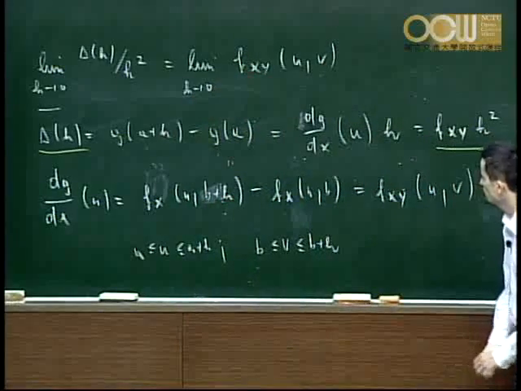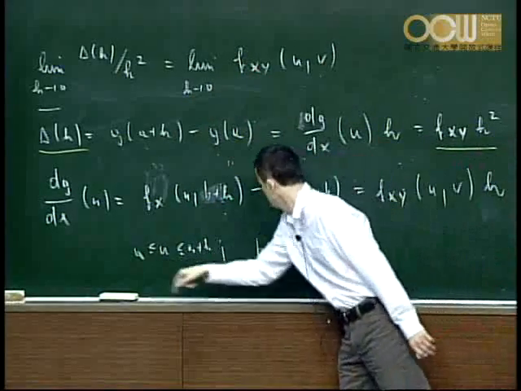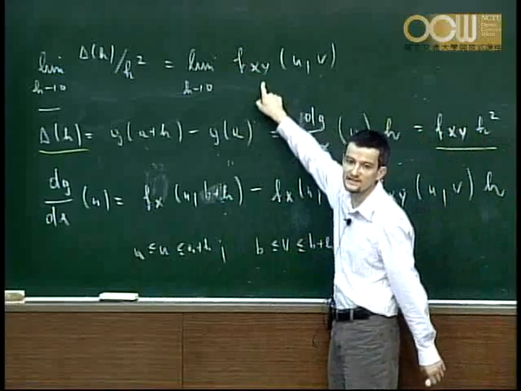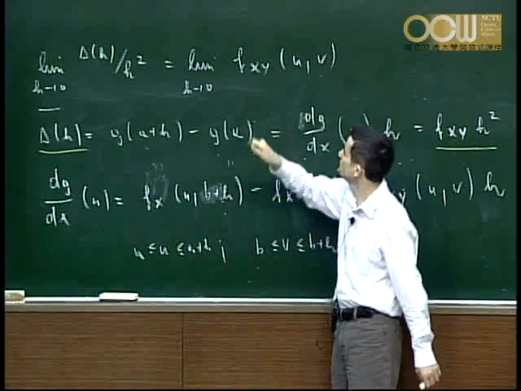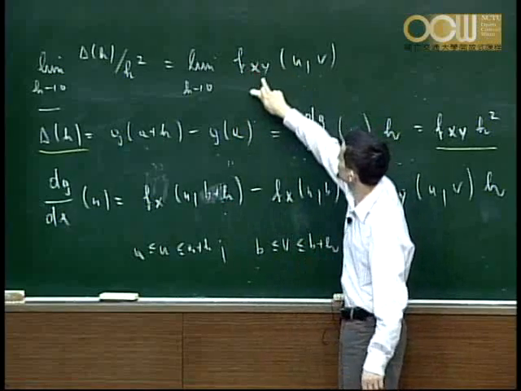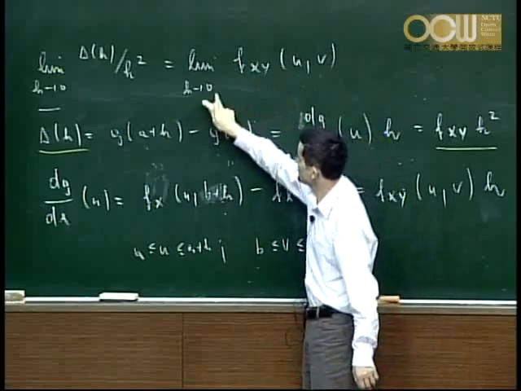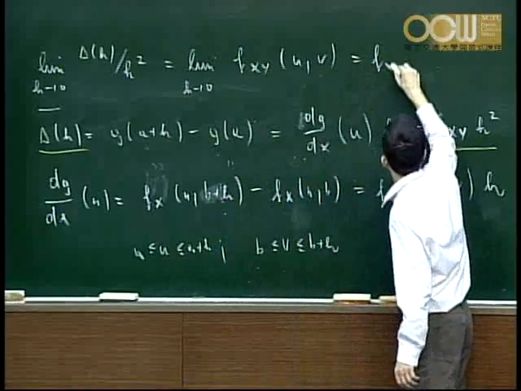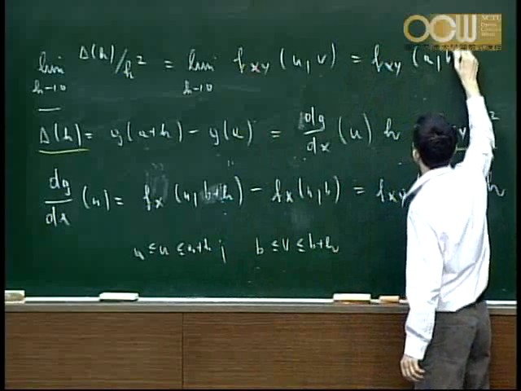But if h tends to 0, you see u tends to a, v tends to b. And this function is assumed to be continuous at (a, b). That's why I need that the partial derivatives are continuous. So because we know that this function is continuous, and as h tends to 0, u tends to a and v tends to b, this will tend to, you can just evaluate it at (a, b), because it is continuous.